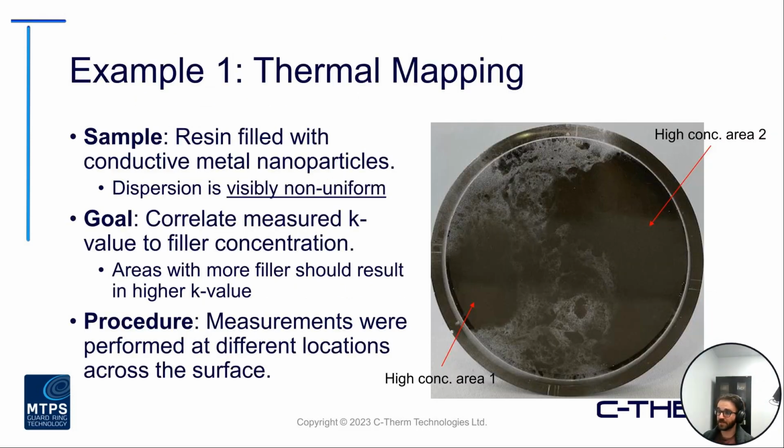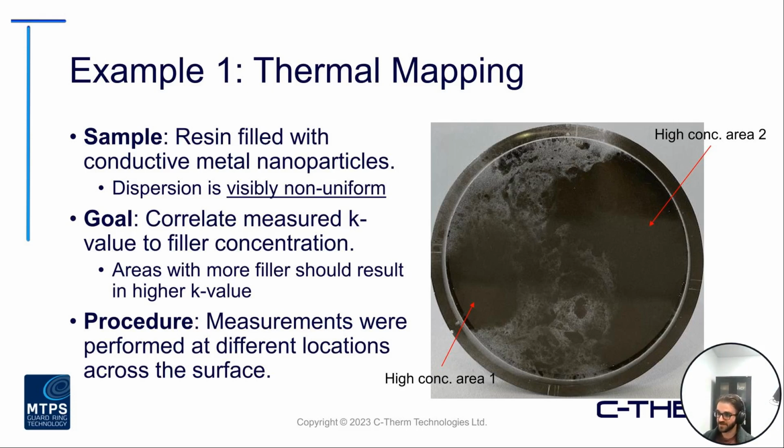In this first example, the sample we're looking at is an epoxy resin. This was filled with a conductive metal nanoparticle and was quite visibly non-uniform in its dispersion. What we're hoping to do here is correlate the measured conductivity value at different locations to that filler concentration.